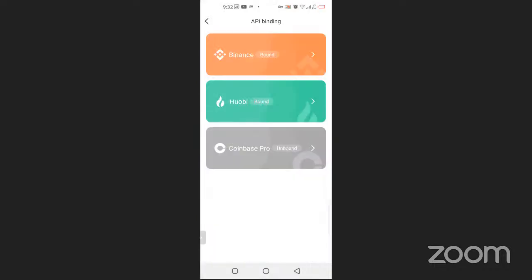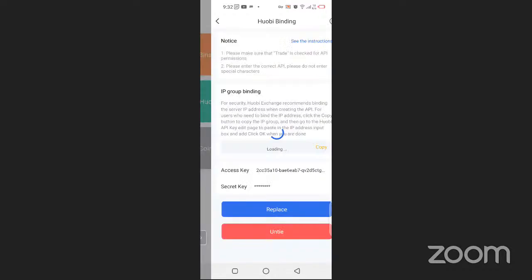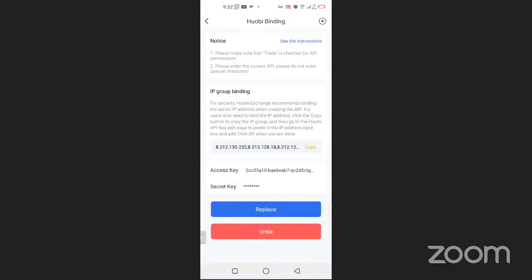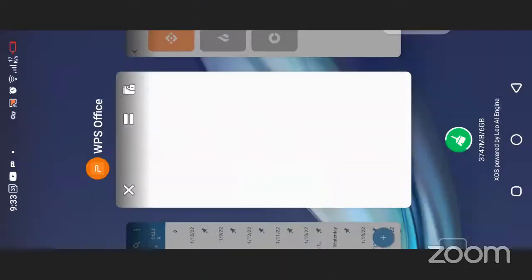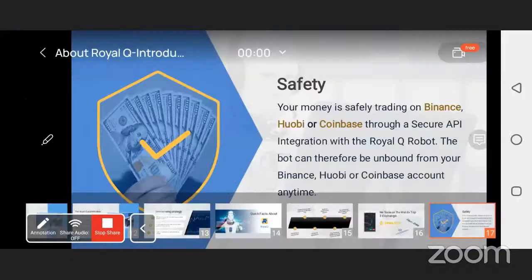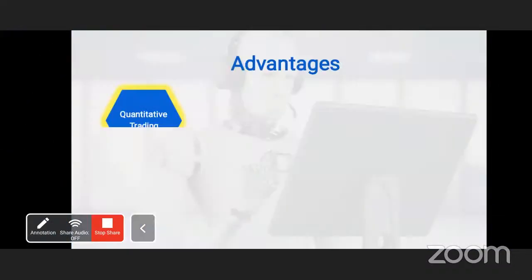I can say, Royalq, stop trading on my Huobi. And I have unbound it. And if I want to bind it, a few little steps, and I'm there. So you are the one in charge of your money, ladies and gentlemen.